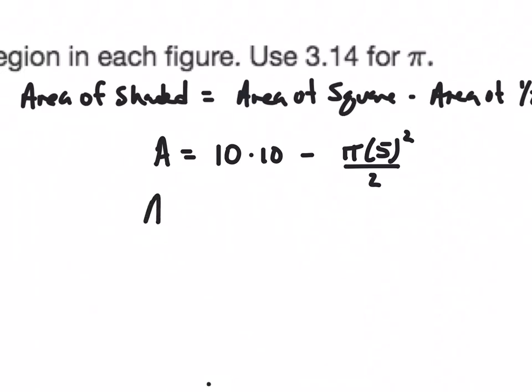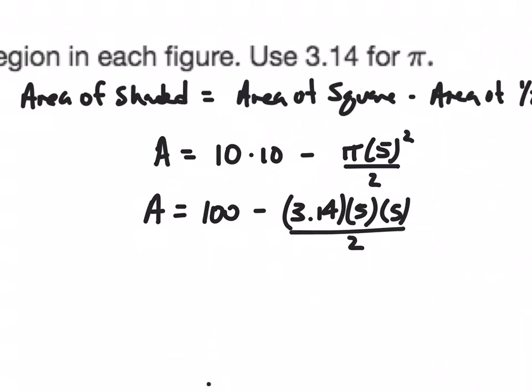So let's do this. Area is going to equal 100 minus 3.14 times 5 squared, which is 5 times 5, and then divide it by 2. Let's multiply that numerator together: 3.14 times 25 gives me 78.5.